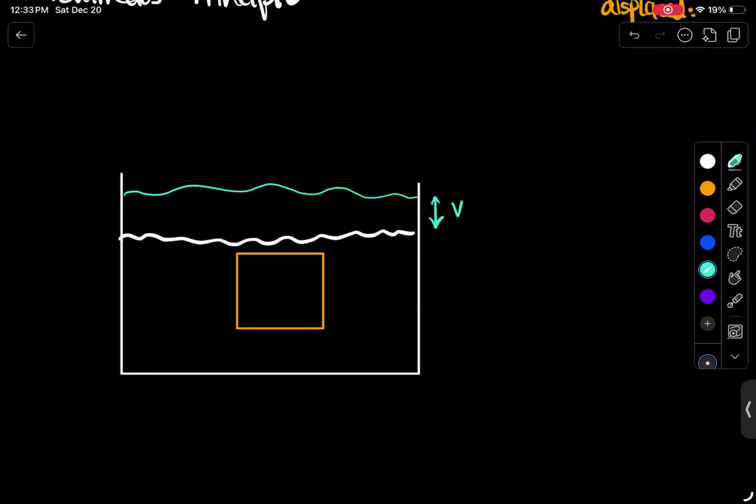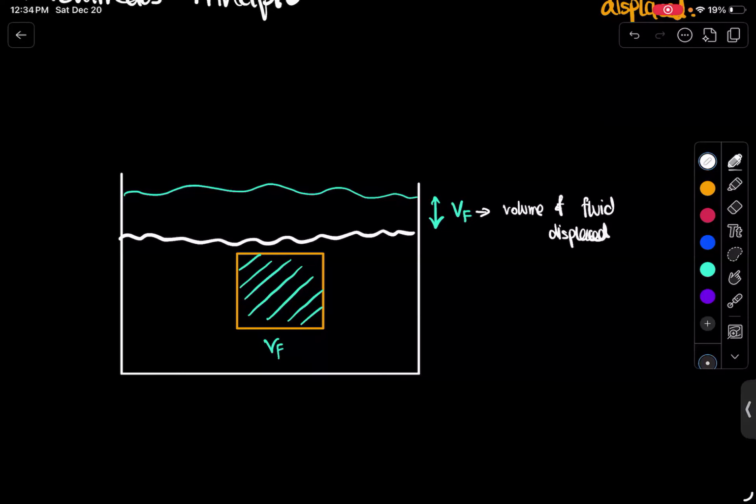So this is equal to Vf, and it is also equal to the volume of the object that was immersed. Both the object that was submerged and the fluid that was displaced. Vf is the volume of fluid displaced. And this is equal to the volume of the object that was submerged.